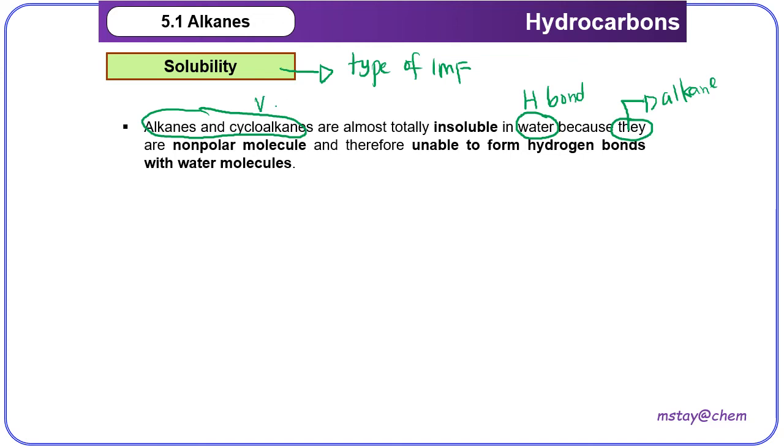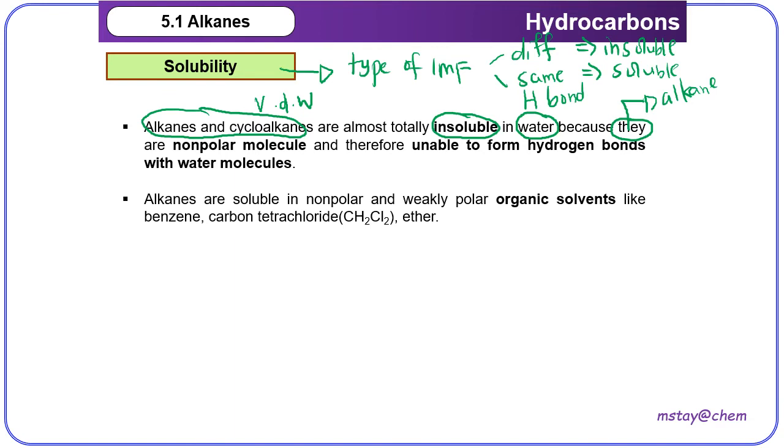As mentioned here, the intermolecular force for water is hydrogen bond, while the intermolecular force for alkane and cycloalkane is definitely van der Waals force. Because they are different types of intermolecular force, they will be considered insoluble. If the intermolecular force is the same, they will be soluble in each other.